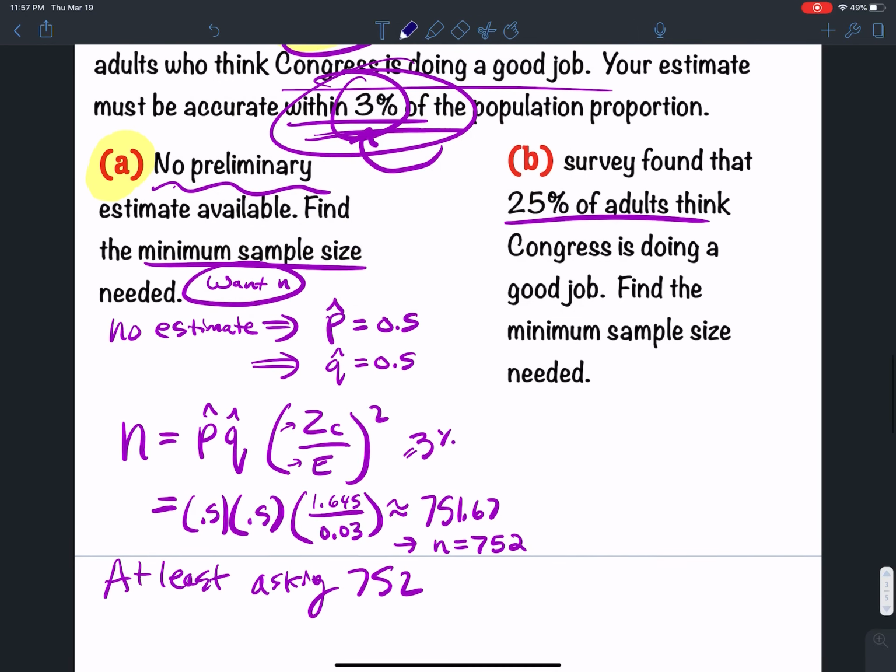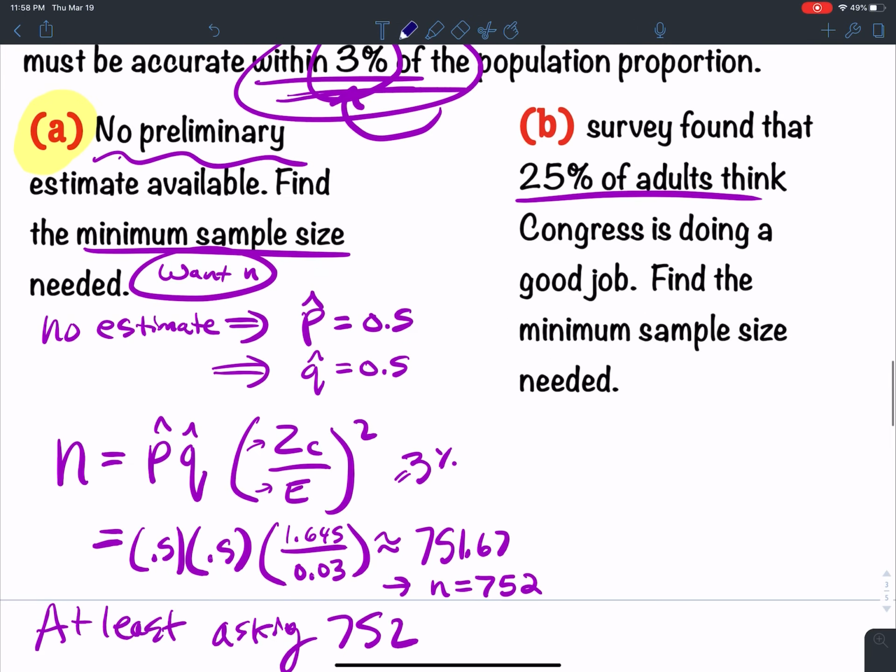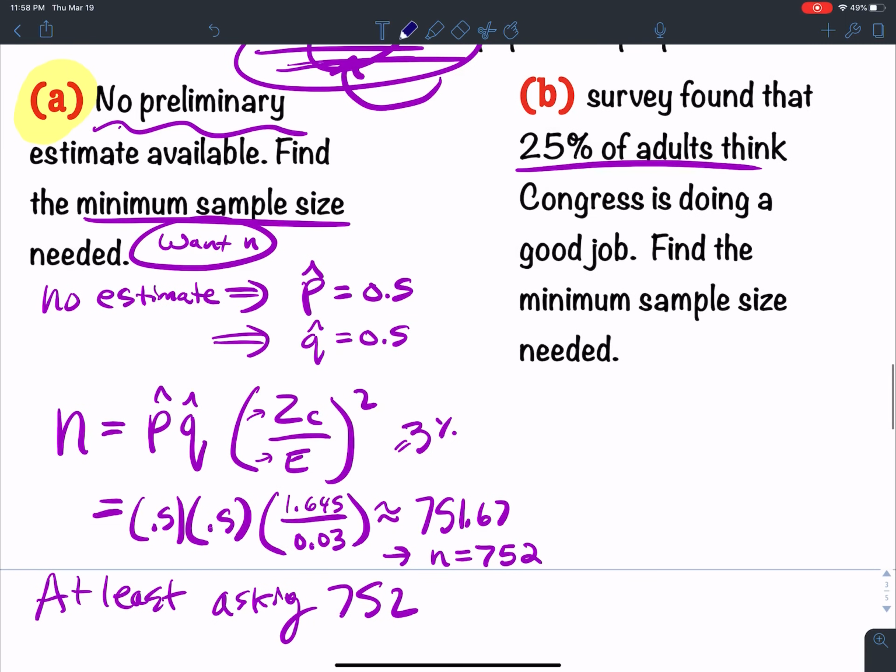Now think about our little analogy I used before we left for the break. n is the amount of information we have. n equal to 752 is a lot.